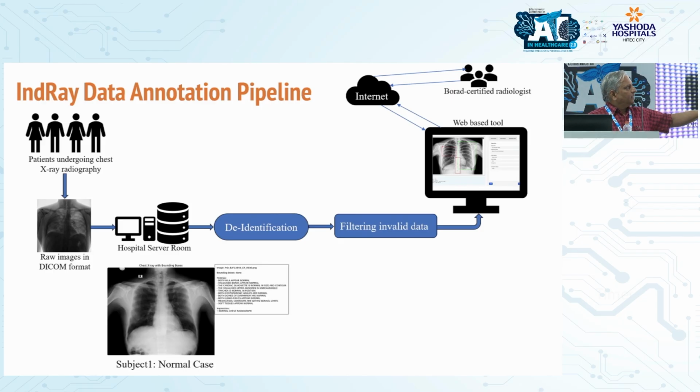Then you have the web-based tool that we allocate this annotation work to clinicians through the cloud. They look at this on their own terminal or at home, and then they go through and do the annotation. So in that sense, it's scalable.